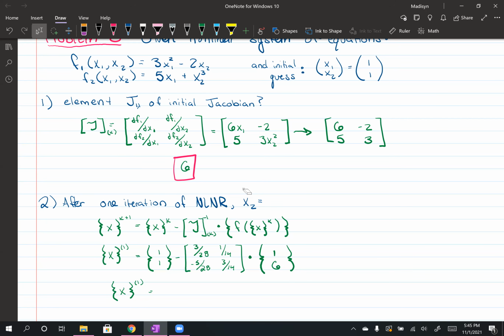Because I'm lazy and I don't feel like doing all of this matrix multiplication by hand.